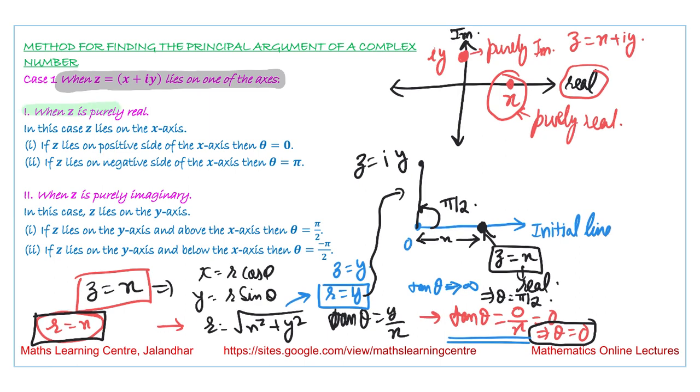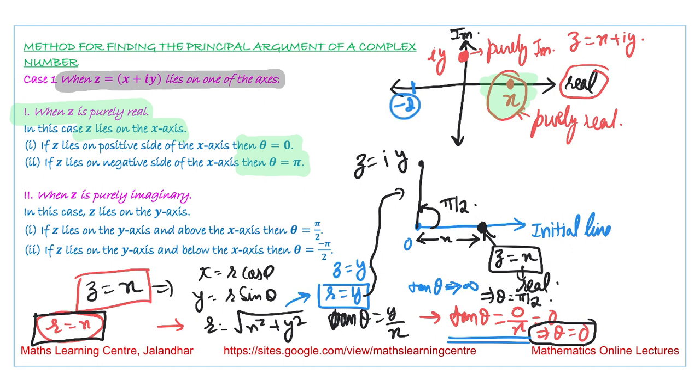So this thing is mentioned over here. We are saying when z is purely real, in this case z lies on the x-axis, and if z lies on the positive side of the x-axis, then theta is equal to 0, and if z lies on the negative side of the x-axis, then theta is equal to pi. Suppose the value of x is negative, say it is minus 2.